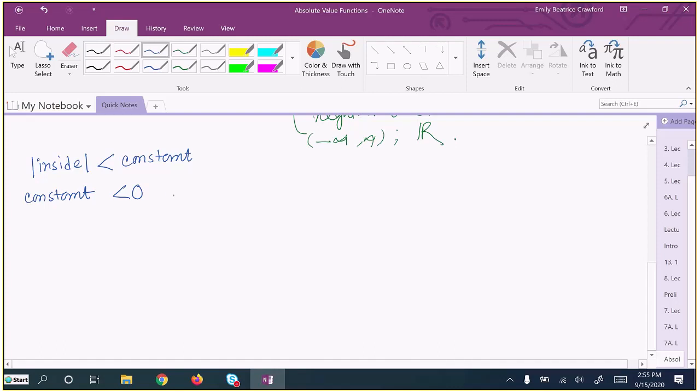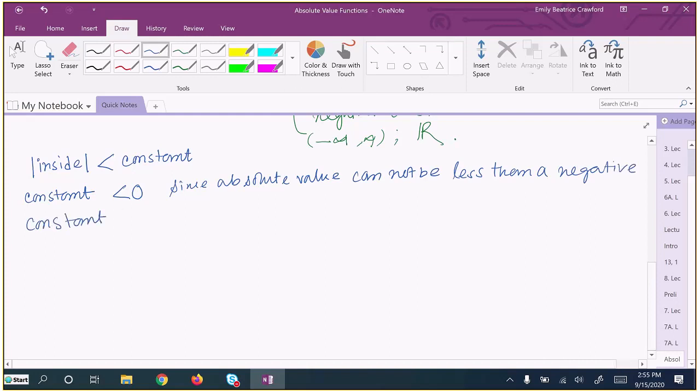So since absolute value cannot be less than a negative constant, we have to say this is a contradiction, because the inequality literally says that my absolute value is less than a negative constant.